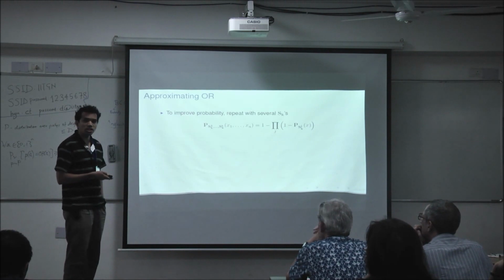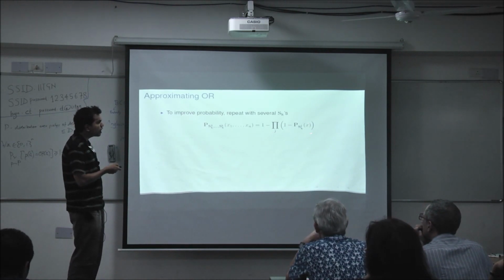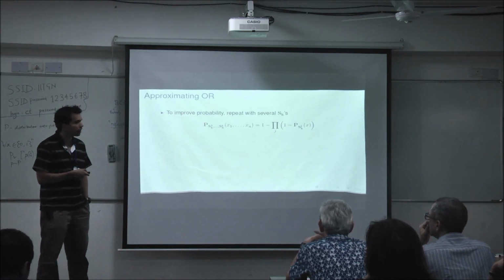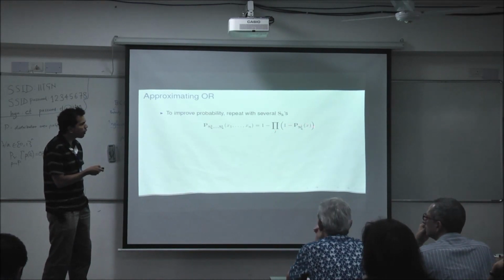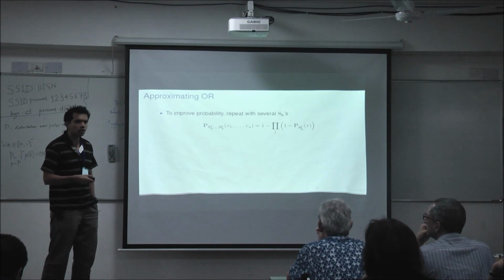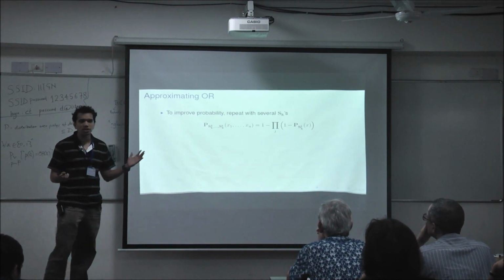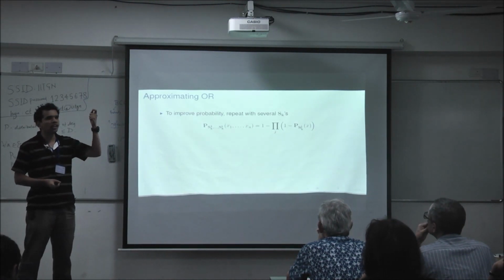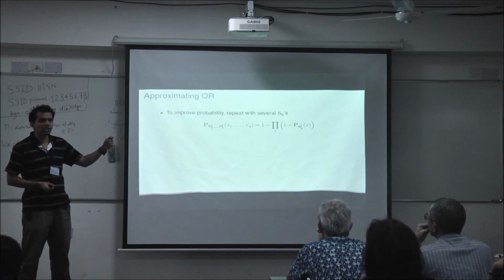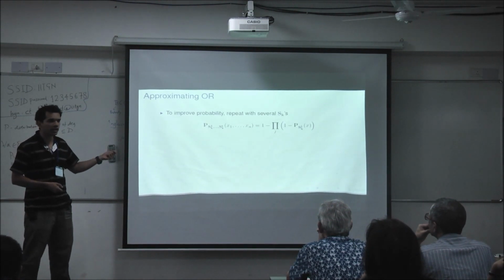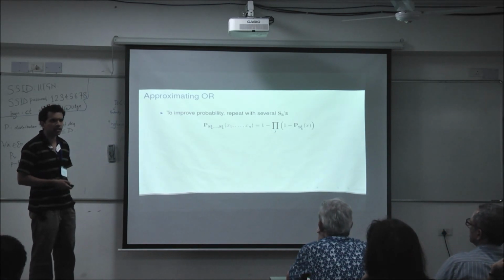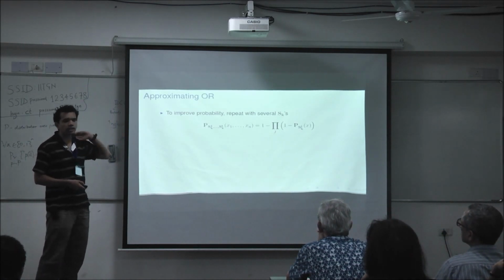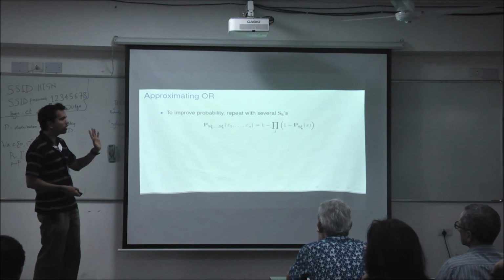If x is non-zero, and any one of these polynomials evaluates to 1, then 1 minus that polynomial evaluates to 0, and the entire product becomes 0. All we need is to be lucky once, and each time we are lucky with constant probability. So the probability that we are unlucky t times goes down exponentially with t. If t is a large enough number, this probability can be made very small, and we are lucky with high probability.